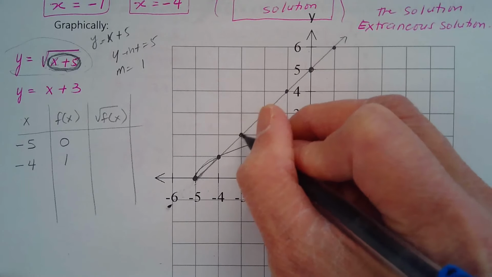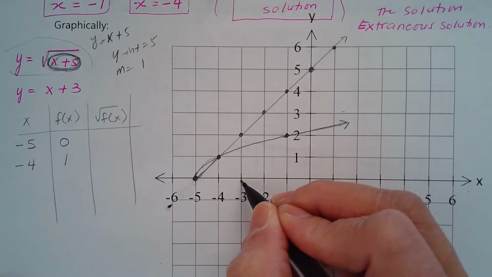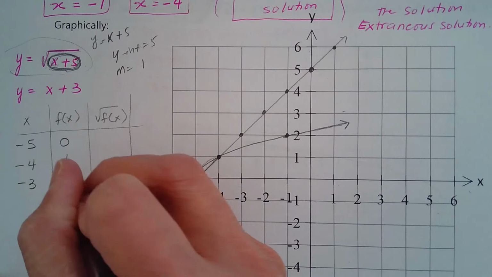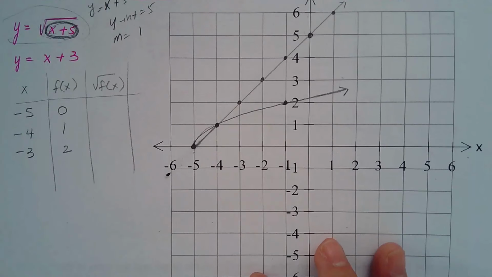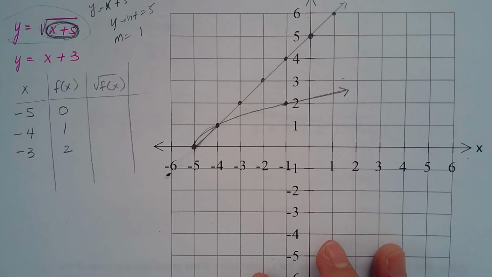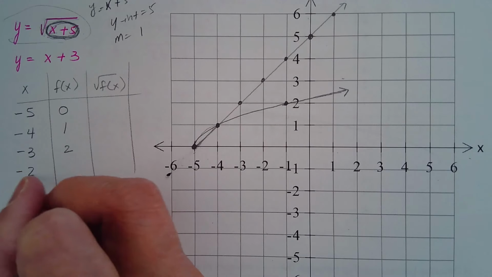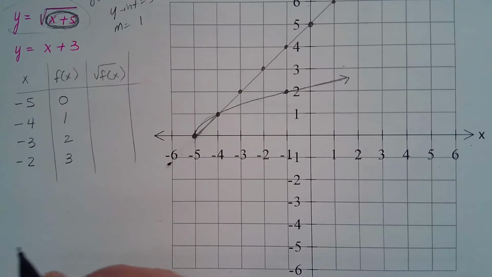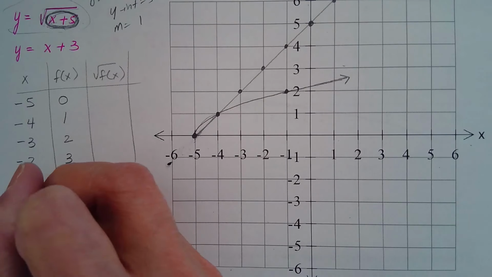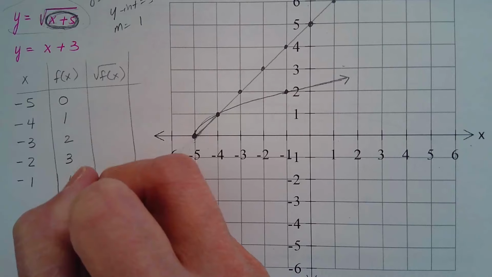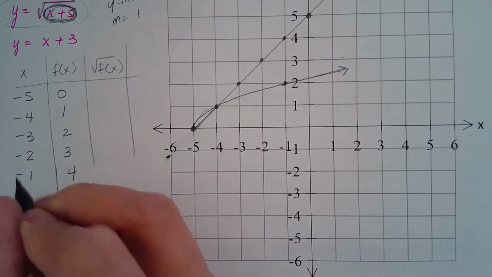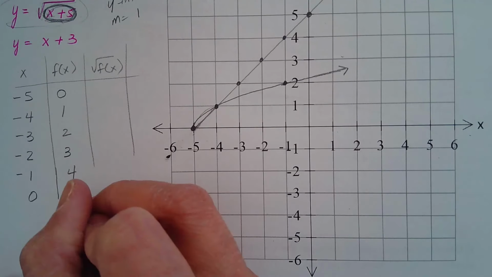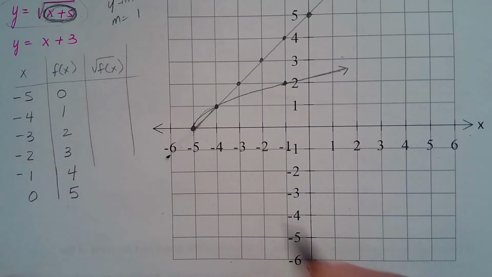Now this part here is negative 3, 2. What's the other one? Negative 2, 3. Another one. Negative 1, 4. Another one. 0, 5. Another one.